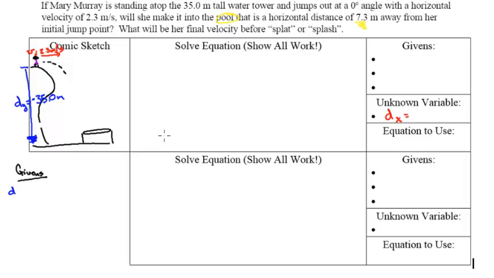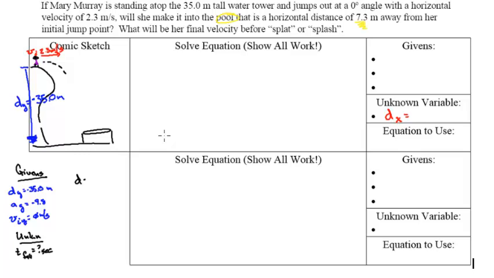I know that distance in the y equals negative 35.0 meters. I know that the acceleration due to gravity is negative 9.8. I know that velocity initial in the y is 0 meters per second. I can go figure out time to fall. And once I figure out the time to fall, then I can apply it in either one of these sets of givens.